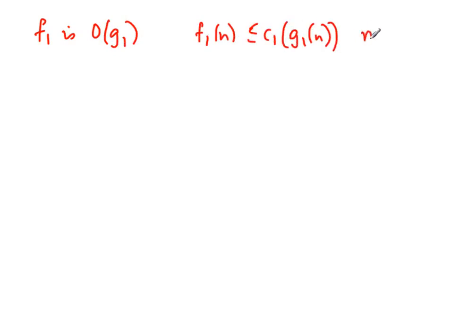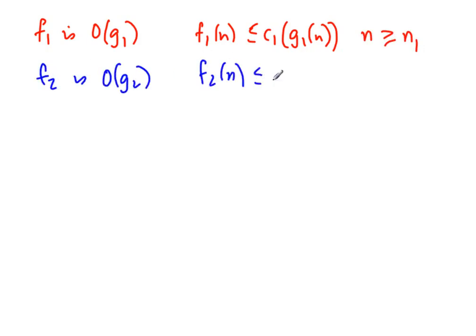So I have f1 is O of g1. This means that f1 of n is less than or equal to some c1 times g1 of n for all n bigger than or equal to, let us call it n1. On the other hand, we have f2 is O of g2, so f2 of n is smaller than or equal to some c2 times g2 of n for all n bigger than or equal to n2.